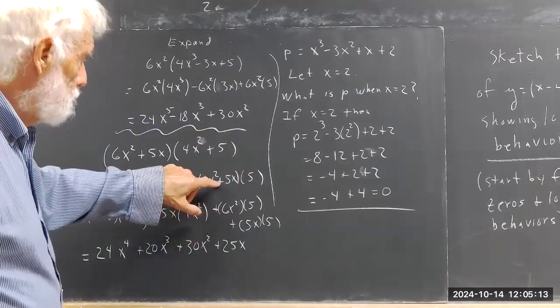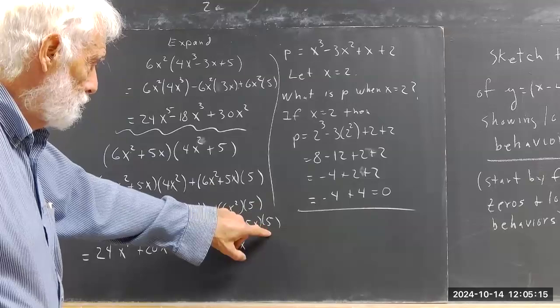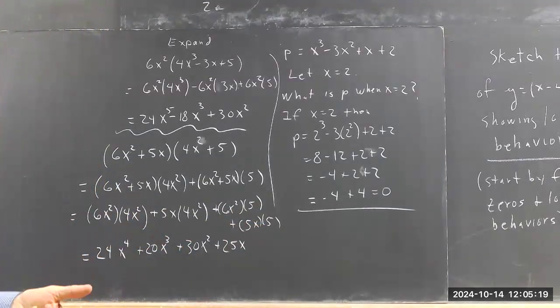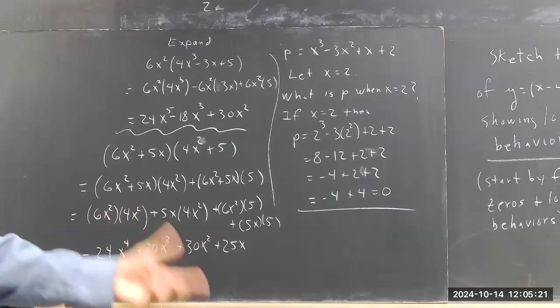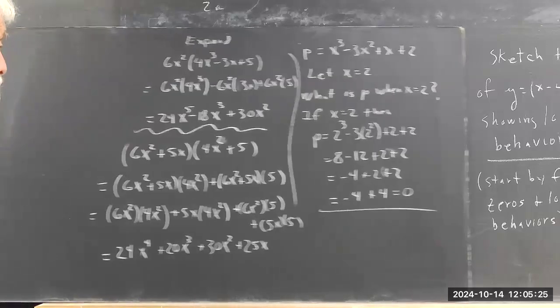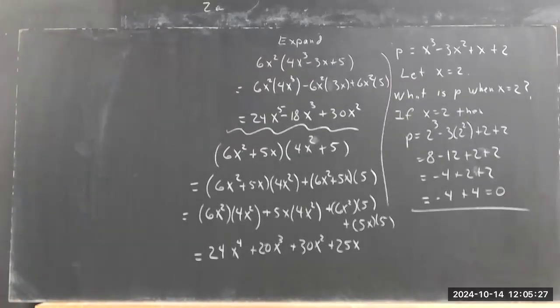There it is. Plus 5x times 5. That's the pattern. That's the distributive law. And if you understand that and reinforce it, you're going to remember the distributive law. Okay? And it'll be there because it's almost there already.